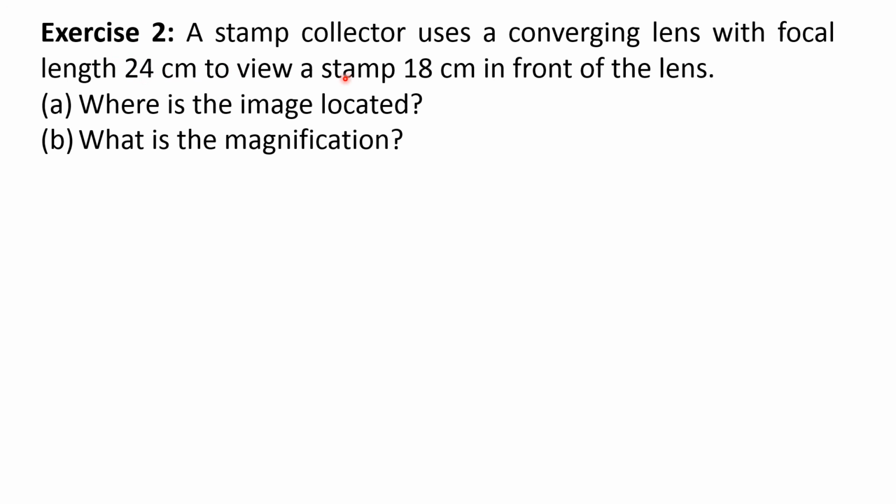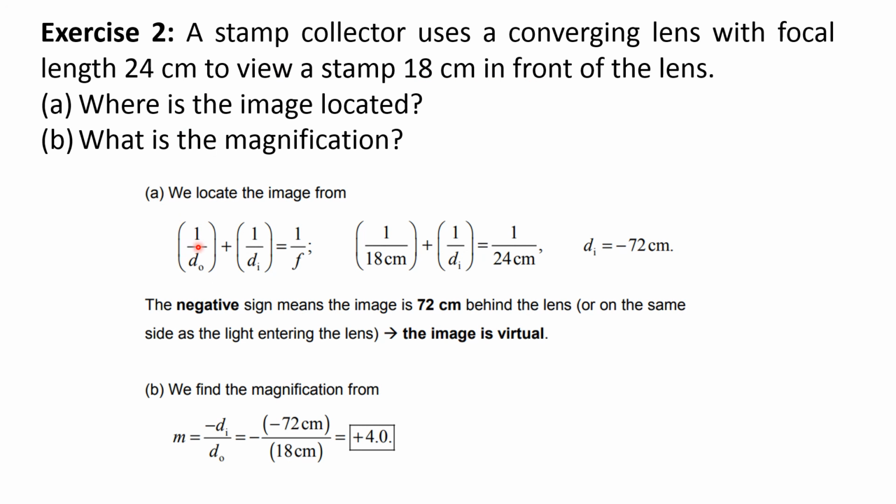Given the focal length F is 24 centimeter, and the position of the object P is 18 centimeter. Then 1 over object position plus 1 over image position equals 1 over focal distance. Then 1 over 18 centimeter plus 1 over Q is equal to 1 over 24 centimeter. Then the image position is equal to minus 72 centimeter.